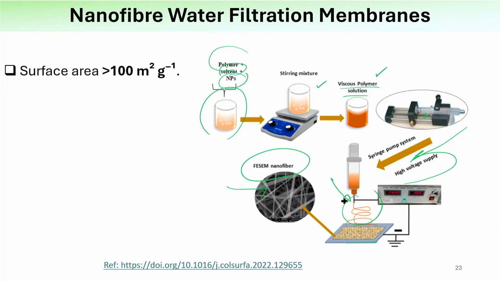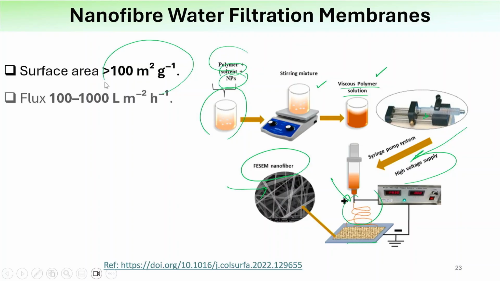So, here the surface area is very high, 100 square meter per gram of fiber of this membrane.